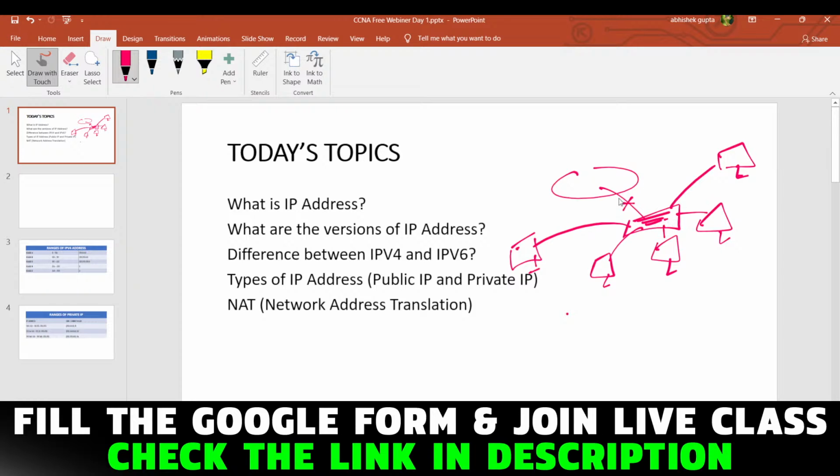It will automatically generate one APIPA IP for all the PCs. If the network fails, it immediately generates one APIPA address for all the connected devices so that all the devices can at least communicate with each other. This is the only work of APIPA, Automatic Private IP Address. Clear?